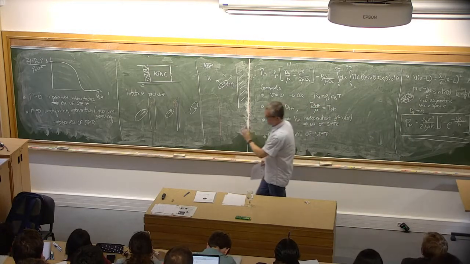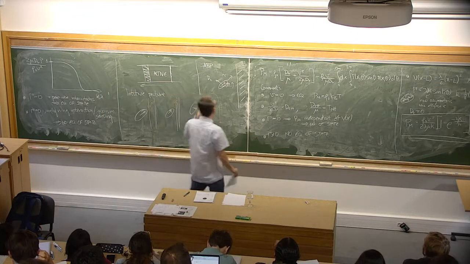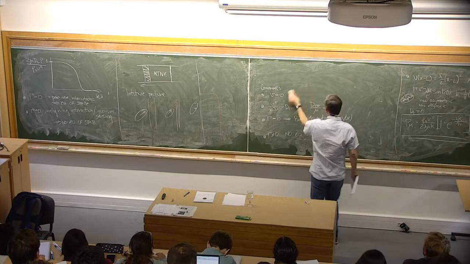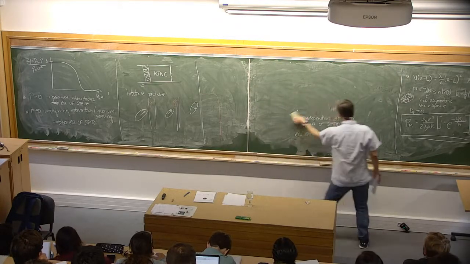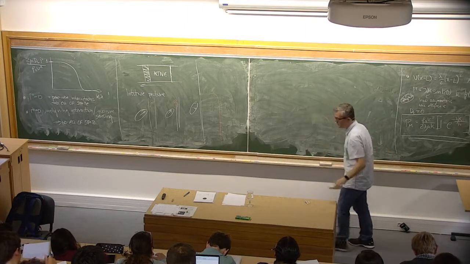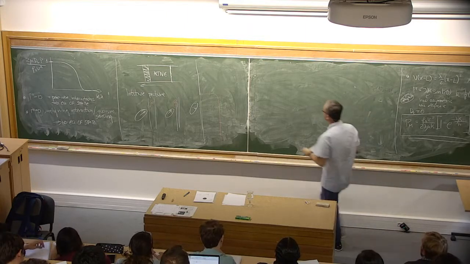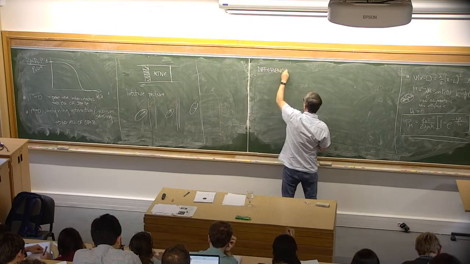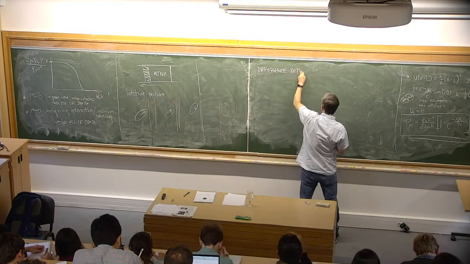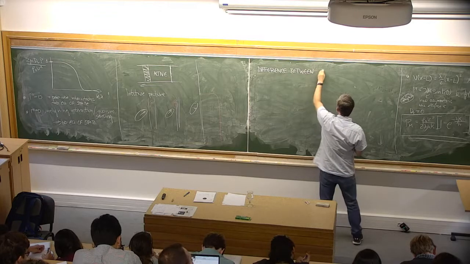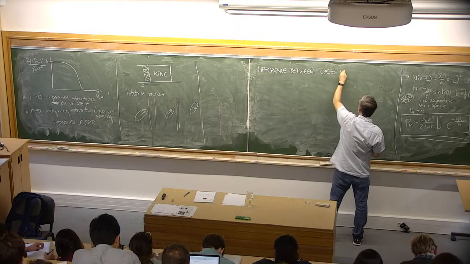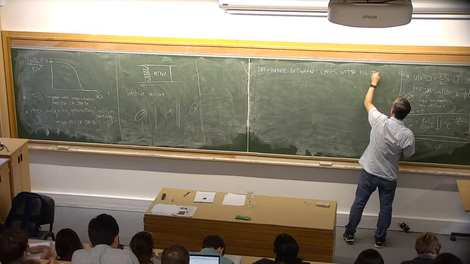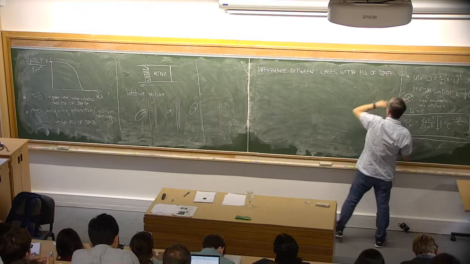Okay, so given all these things, the question that I think everybody's poking me about is why in some cases we have an equation of state and in the other cases we don't have an equation of state. So what's the difference between the two cases? Difference between cases with equation of state and without.